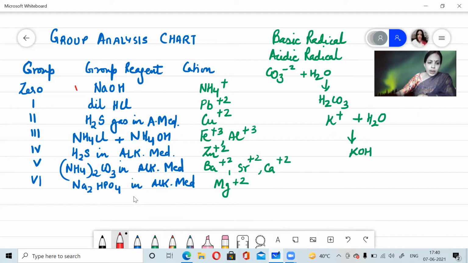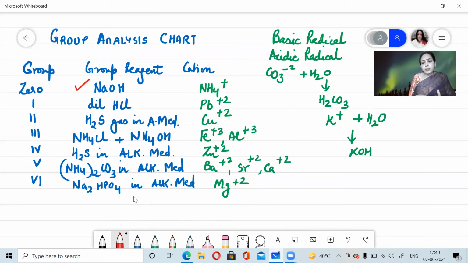Now, when we add dilute NaOH solution to a salt, if that salt contains a cation of 0 group, then how will you confirm? Through observations which we will be recording. So when we add dilute NaOH and we heat the contents, the solution smells of ammonia. Because the solution is smelling of ammonia, therefore it is suspected that the 0 group is present.